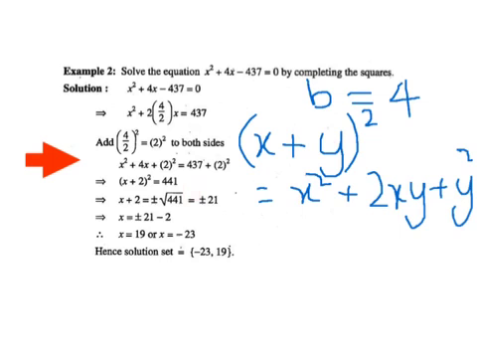This will give us two versions of the equation expressed here, and we will eventually get the values 19 and minus 23, and that is the answer to our question.